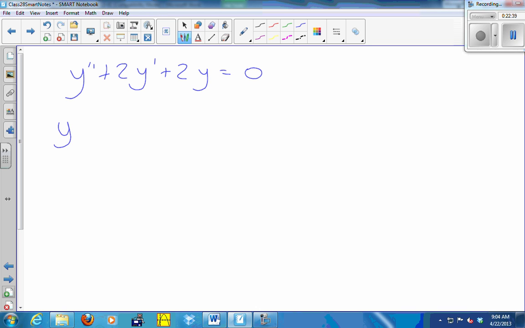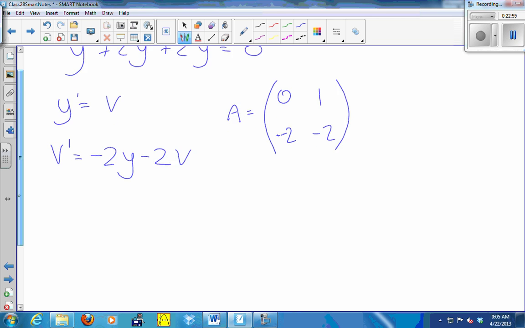So we'll have y prime equals v, v prime equals -2y minus 2v. So my matrix A is [0, 1; -2, -2].